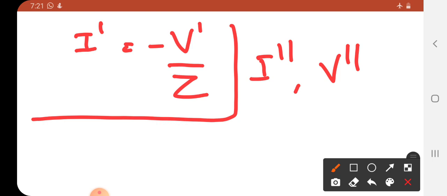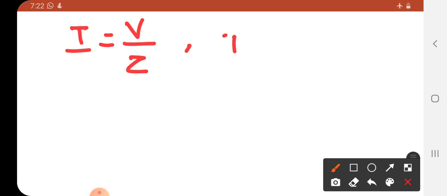So now what are the incident waves? We have the incident current I equal to V by Z. This is the incident current. And what is the reflected current? I dash is equal to minus V dash by Z. And what is the refracted current, which is refracted into the resistor?